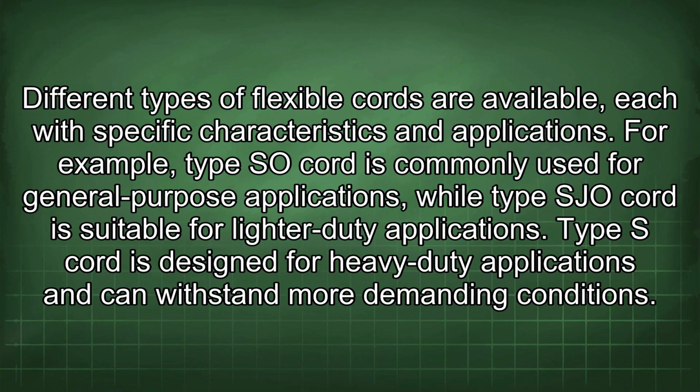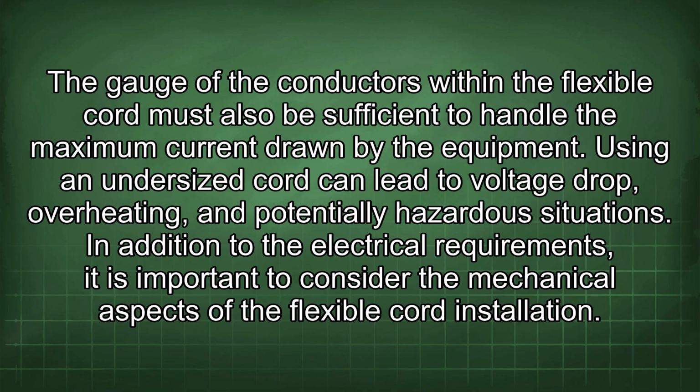Type S cord is designed for heavy-duty applications and can withstand more demanding conditions. The gauge of the conductors within the flexible cord must also be sufficient to handle the maximum current drawn by the equipment. Using an undersized cord can lead to voltage drop, overheating, and potentially hazardous situations.